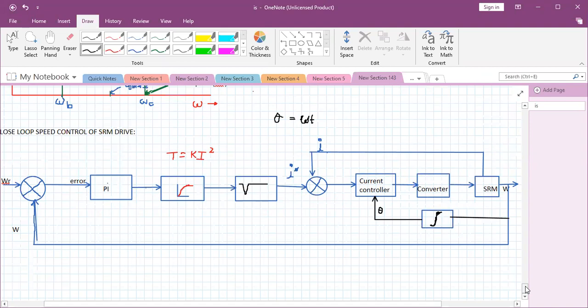See, we have three modes, chop mode and others. Yes, Karthik, it is speed. So we also have to give the speed to the current controller, because we also require the information of omega.